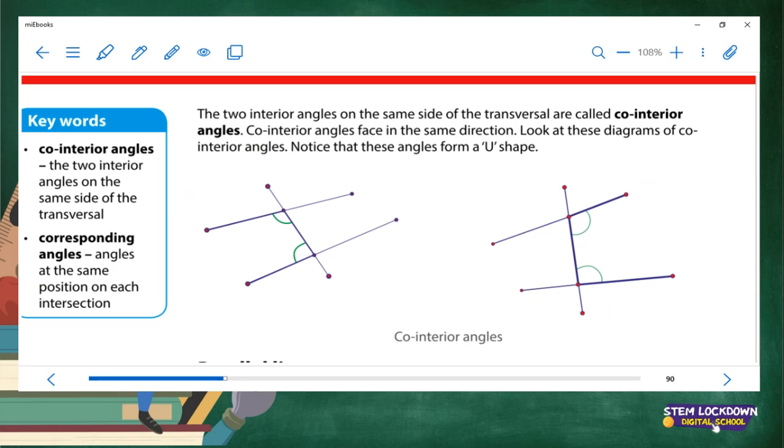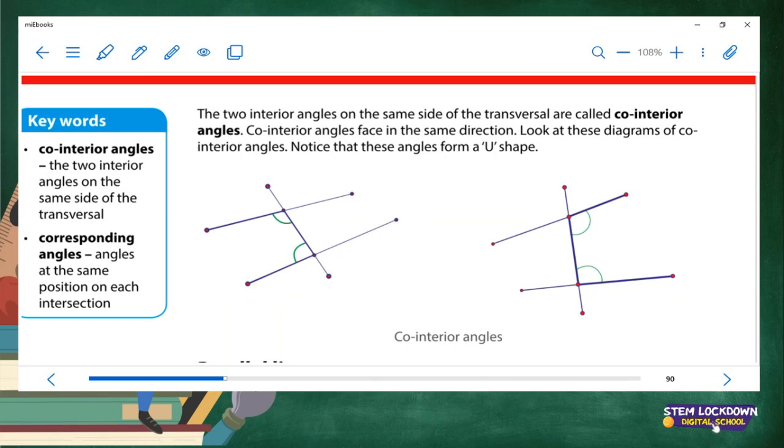And of course, you will also have co-interior angles. That is angles that are formed and are inside, they form a U shape. You can see that co-interior angles form a U shape. And the key word co-interior, those are the two interior angles on the same side of the transversal.